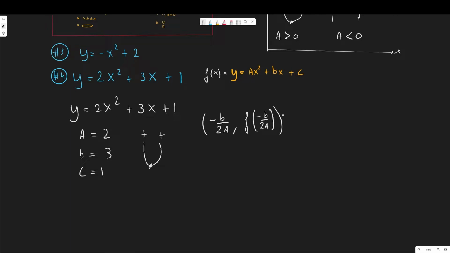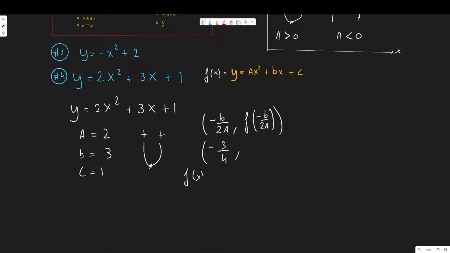So let's calculate what our x coordinate is equal to. Well, negative times b, and b is 3, over 2 times a is 2 times 2, which is 4. So negative 3 over 4 will be our x coordinate. But now we have to fill in negative 3 over 4 in our function in order to get the y coordinate. So let's do that.